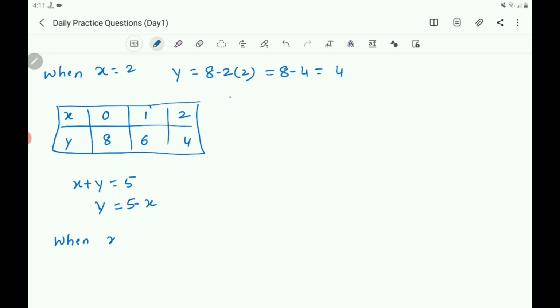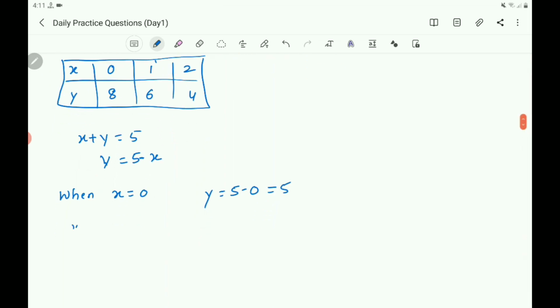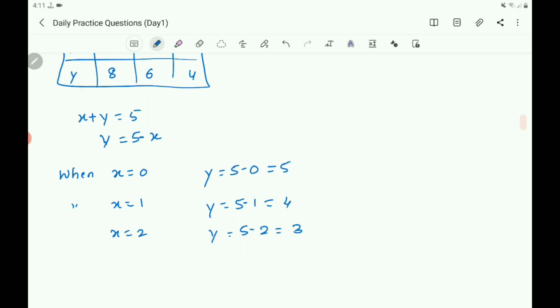When x equals 0, y equals 5 minus 0 equals 5. When x equals 1, y equals 5 minus 1 equals 4. When x equals 2, y equals 5 minus 2 equals 3.